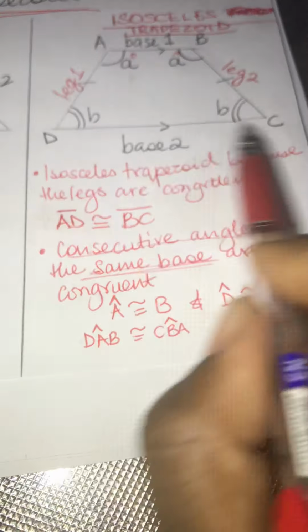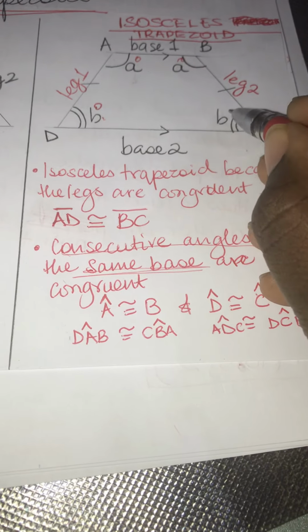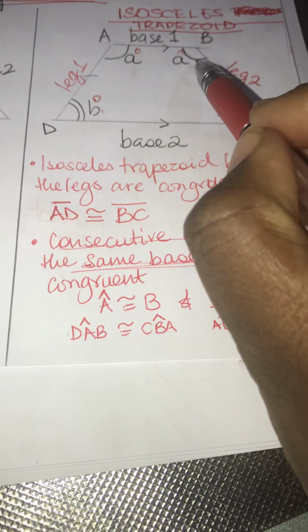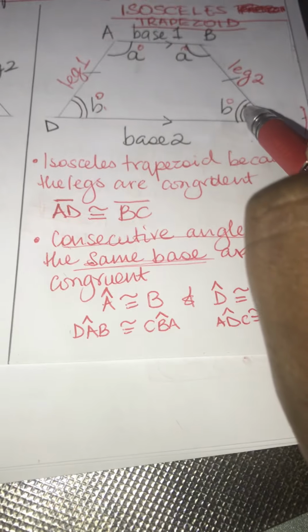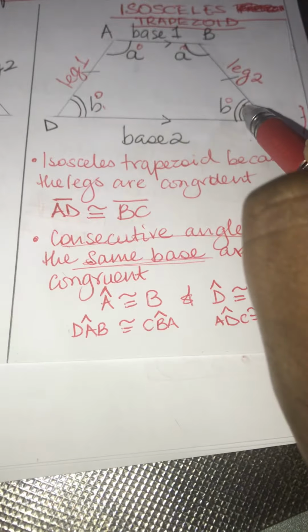Angle D and angle C are on the same base. So therefore, if I write B here, I should write B here. So if this is 30, this is 30. If this is 20, this is 20. You have to use the same number, okay? You can't write 20 here and write 14 here, no. If this is 20, this is 20, okay?